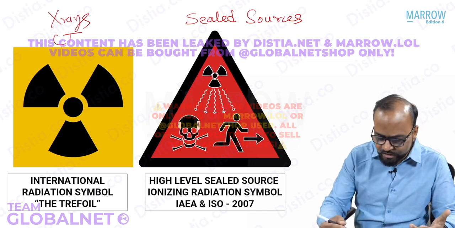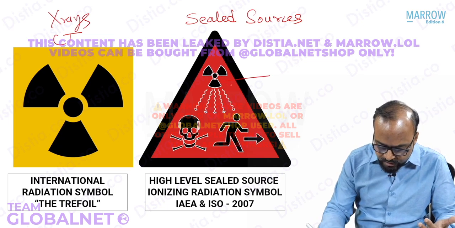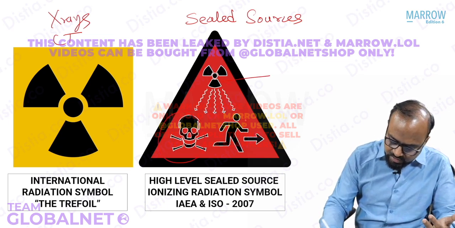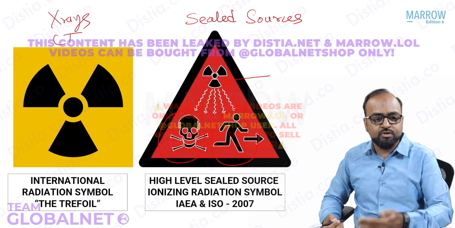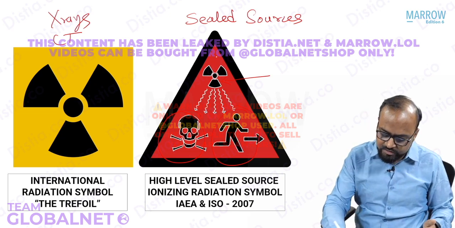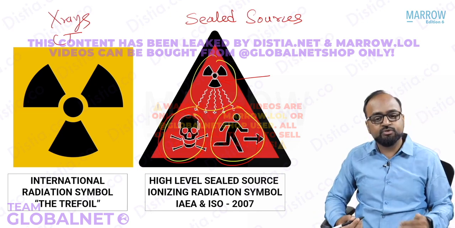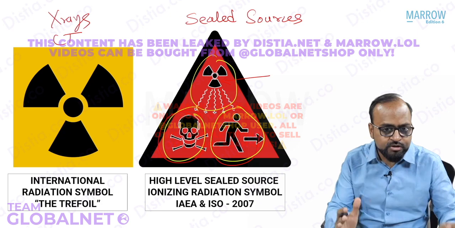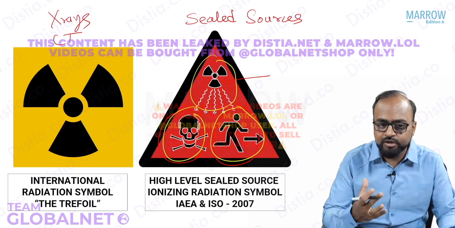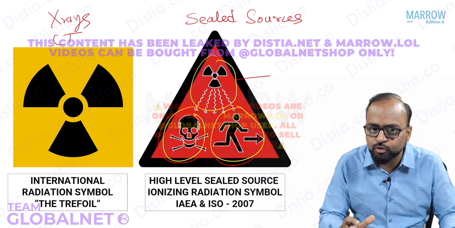Inside that red triangle, you see this is radiation. So it is danger and you should move away from this source. That is what this symbol basically means. So two symbols: one is the international radiation symbol, the trefoil, and the other is the sealed source ionizing radiation symbol. This is something that I want you to know.